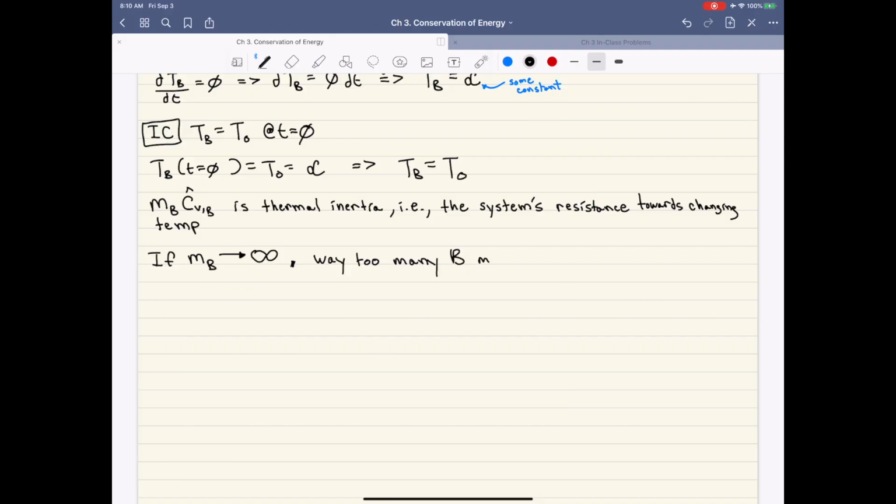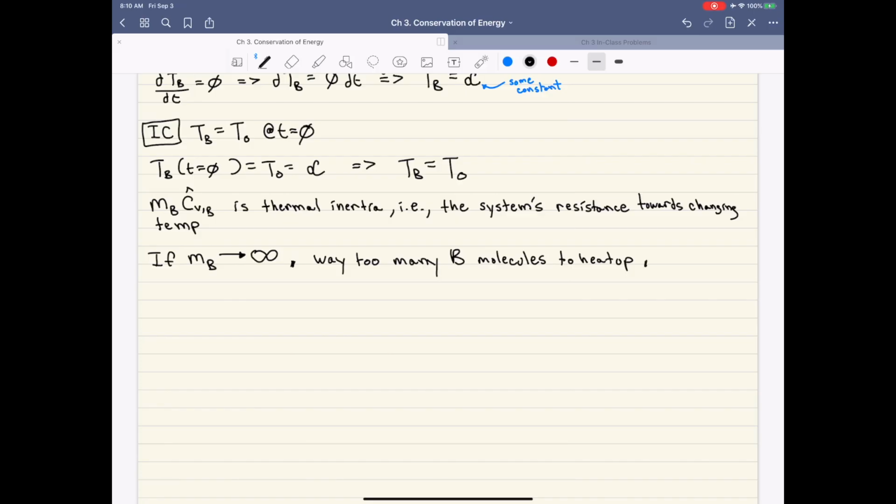Okay? And there's so many B molecules that when the microscopic energy transfers from the A molecules to the B molecules via heat transfer, only a few of those B molecules are actually affected, so that the average temperature of the B molecules overall basically stays the same.